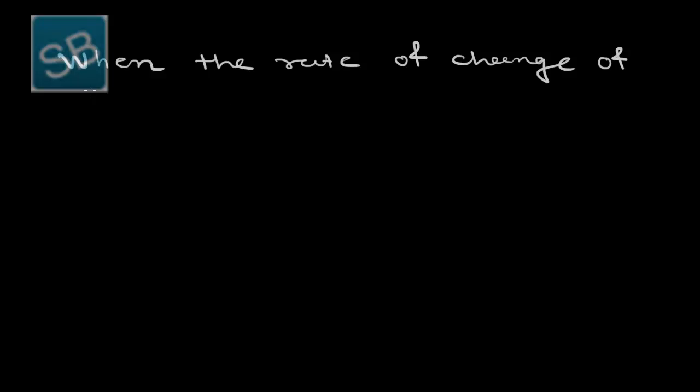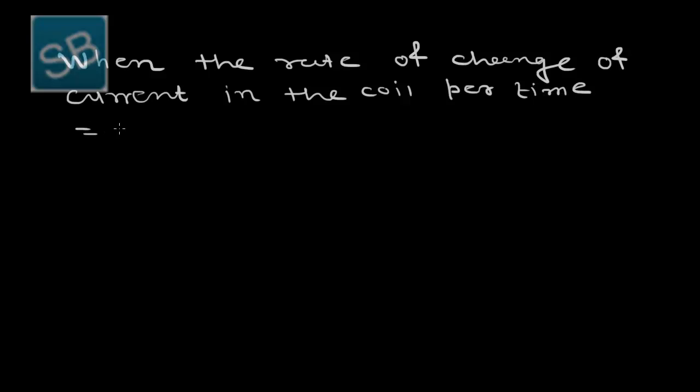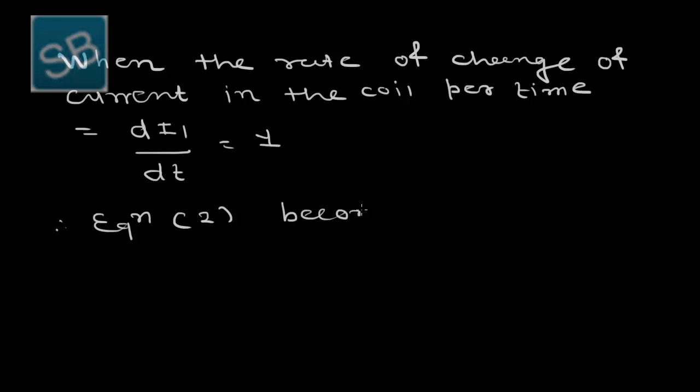When the rate of change of current in any one coil, but here I have considered that the current is in coil 1, per unit time, is di1 over dt equal to 1, and therefore your equation number 2 becomes epsilon 2 is equal to minus M21.